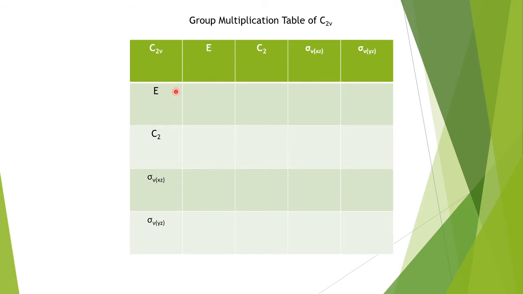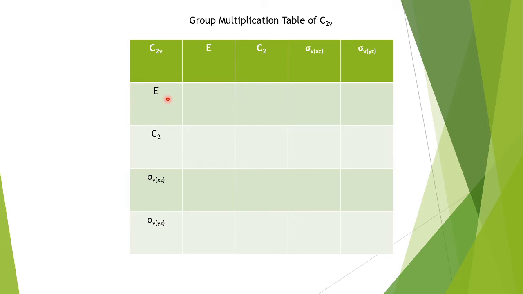So next one, E into C2. When I write E into C2, that means C2 is performed first and then E. And then E into sigma V XZ. That means sigma V XZ is performed first, followed by E. Here sigma V YZ will be performed first followed by E.